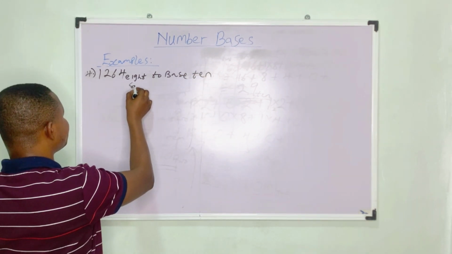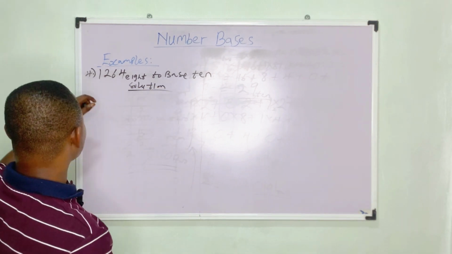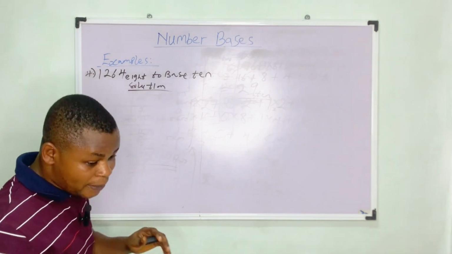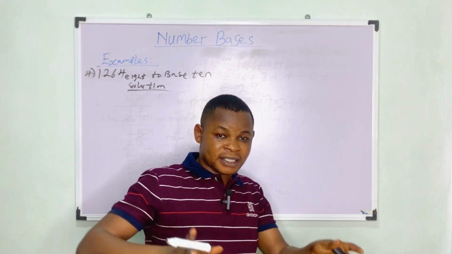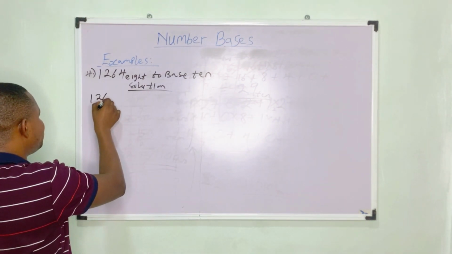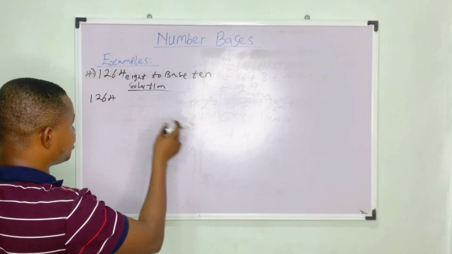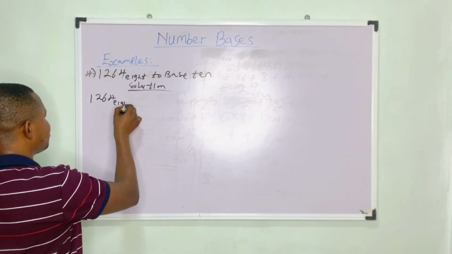Like I said earlier, when you are converting from any base to base 10, you are going to follow this method that I explained to you, the multiplication and addition method. This is base 8.